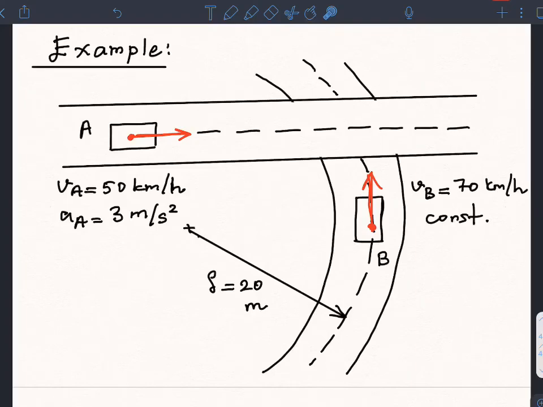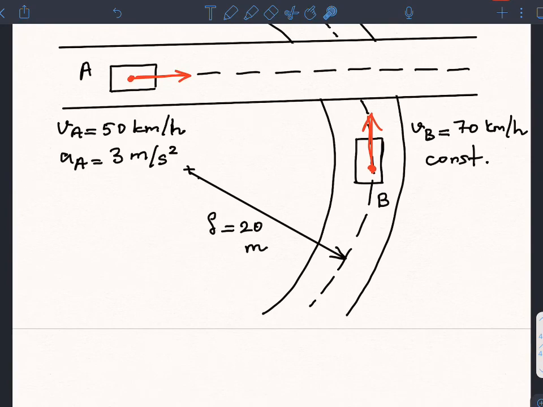And car B takes the circular path with radius 20 meters with 70 km per hour constant velocity. Now my question is this: what is the velocity and acceleration observed by A for car B?